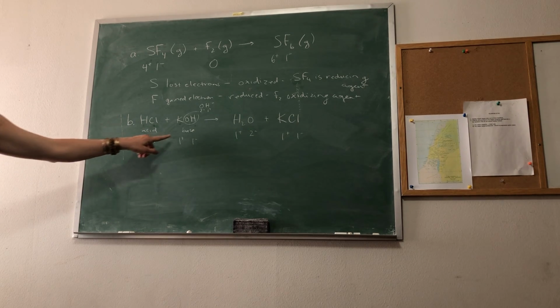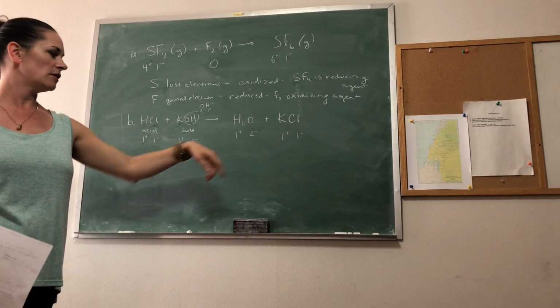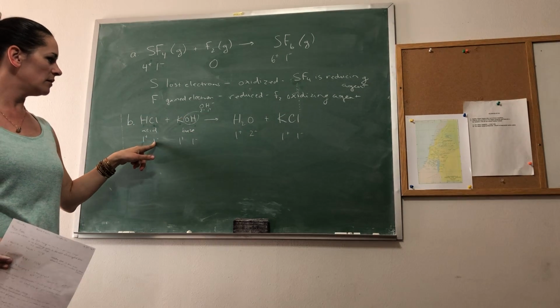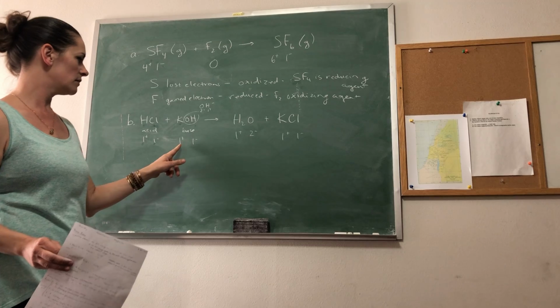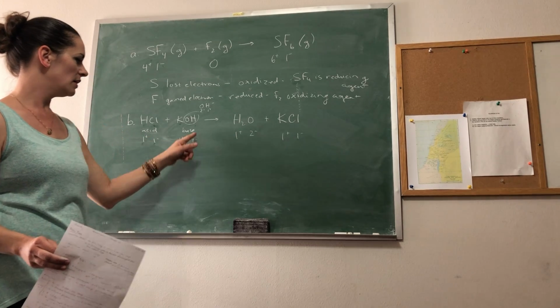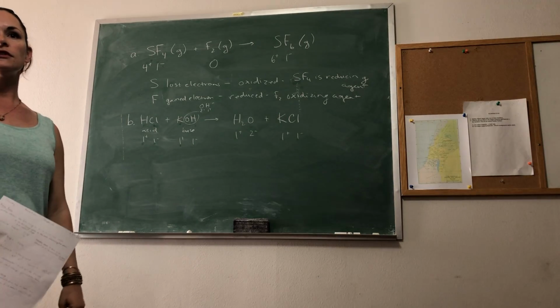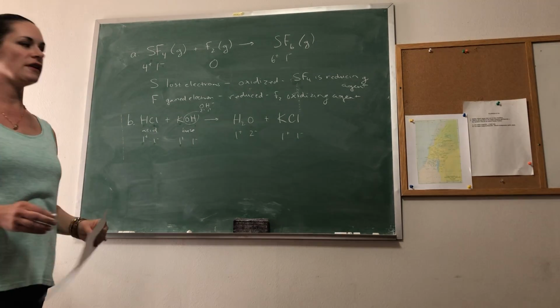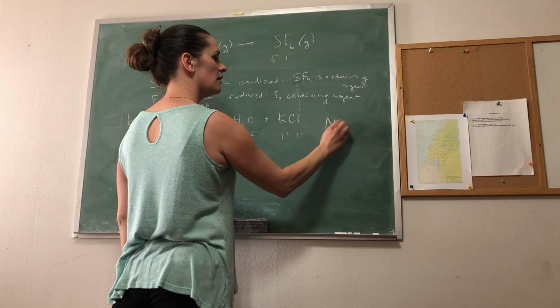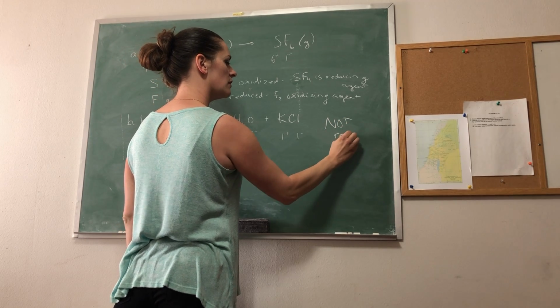It's +1 here, +1 here. Chlorine is -1, -1. Potassium's +1, +1. Oxygen is -2, -2. So none of them change their oxidation states. So this is not a redox reaction.